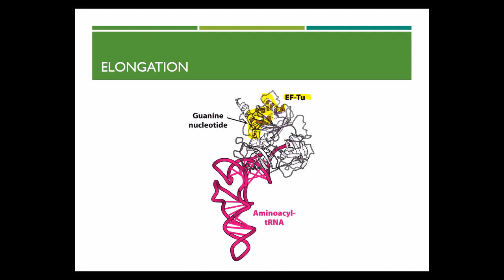Elongation factor TU delivers the appropriate aminoacyl transfer RNA as specified by the codon to the A site. If the anticodon pairs with the codon, GTP is then hydrolyzed, and the EF-Tu GDP complex departs with the A site now occupied by the correct aminoacyl transfer RNA.